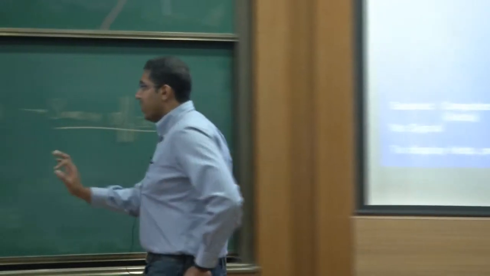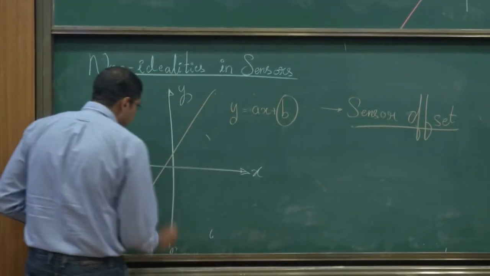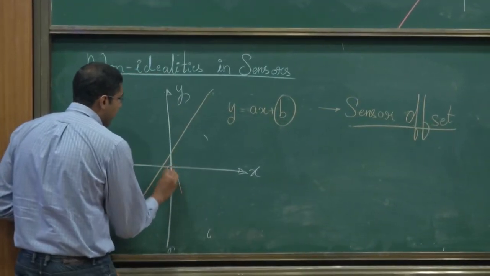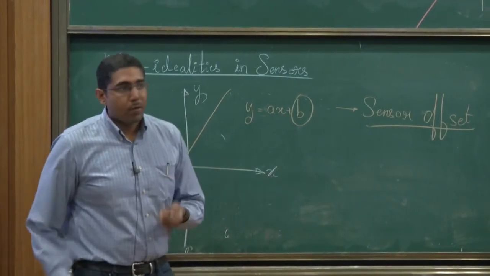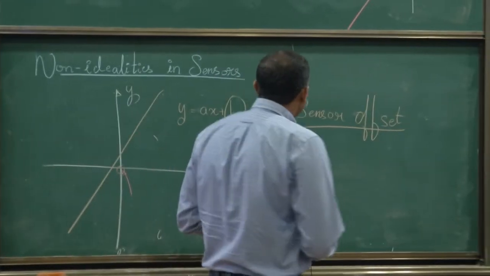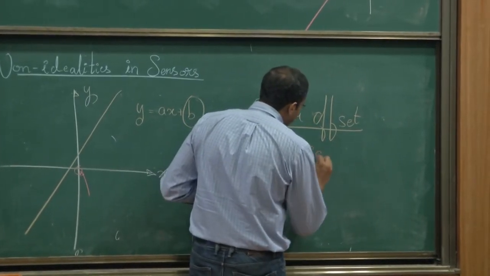Is there a delay? What are we saying here? Yeah, exactly. So even if there is no input, even if the input is 0, still there is an output. Okay, so this is the problem. So this is a common issue with a lot of sensors, particularly gas sensors.